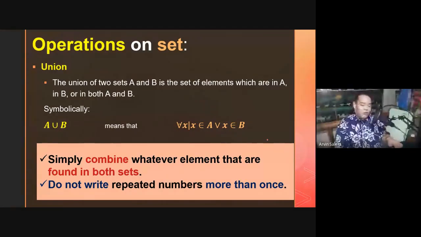Mo answer ka ug 6, kay 3 plus 3 is 6. That's wrong, kay si 3 is already repeated. So you are going to count it once. Therefore the cardinality of A union B is 5. Diba?